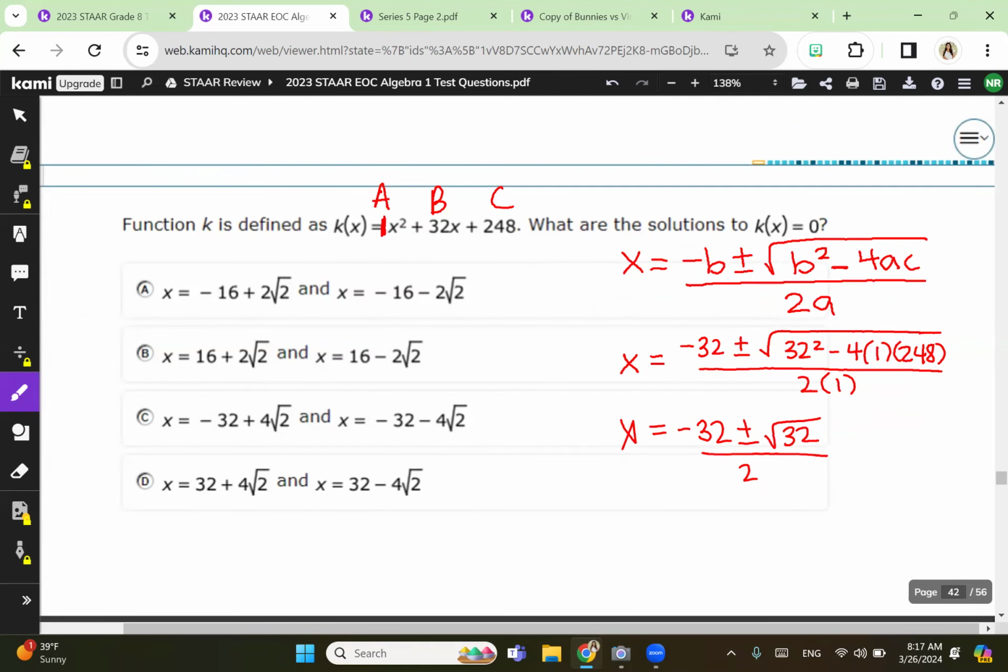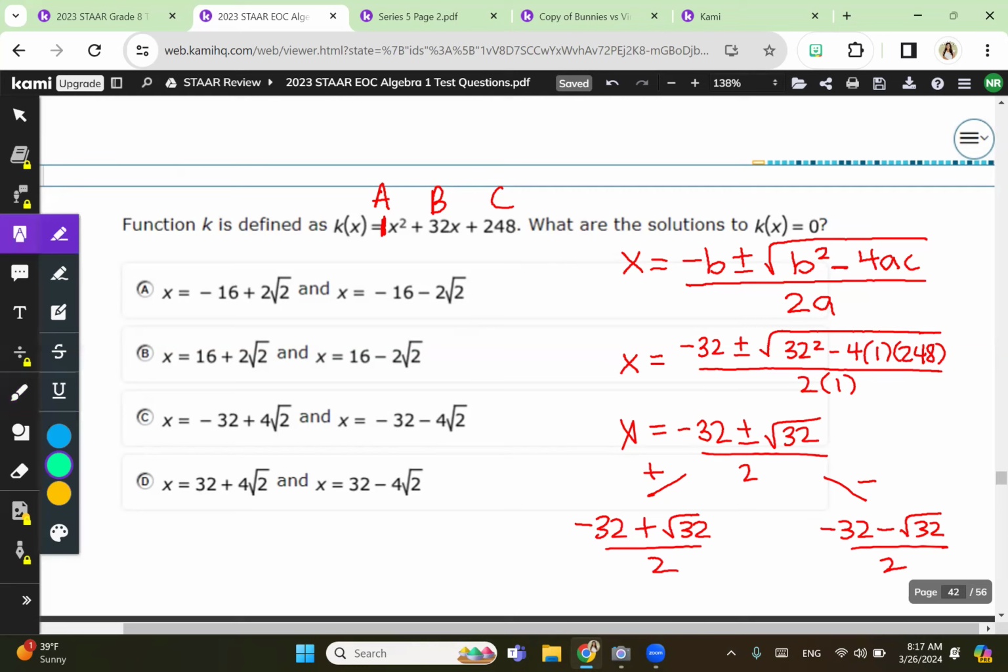So now we're going to split it. Split your plus minus. You get negative 32 plus the square root of 32 divided by 2. And then you get negative 32 minus square root of 32 over 2. We're just taking that plus minus and splitting it up.